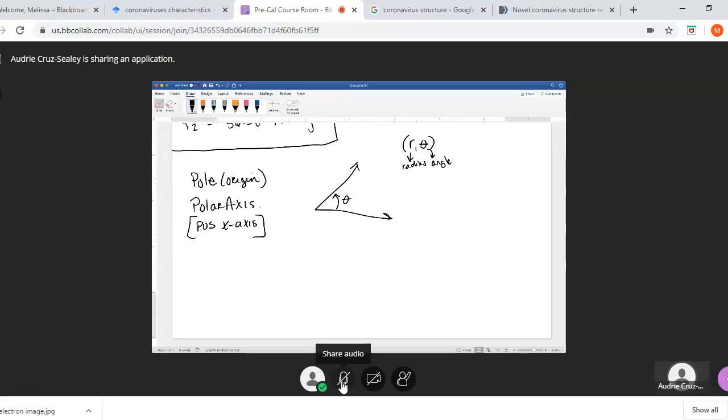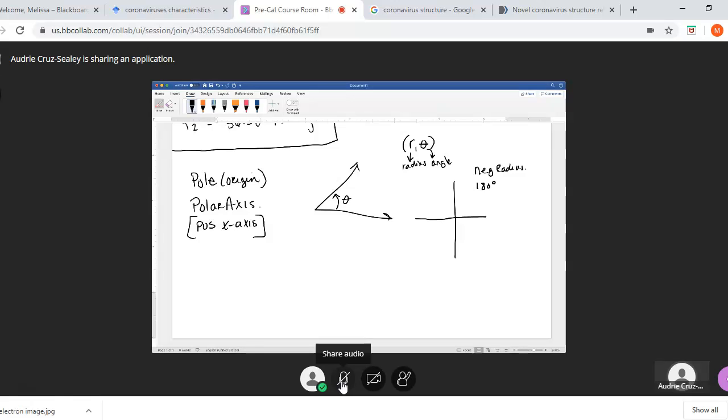Now, one thing that we didn't have to worry about, because we'd never had a negative radius, is what a negative radius does. If you have a negative radius, it makes you travel 180 degrees. I don't know how else to say that.